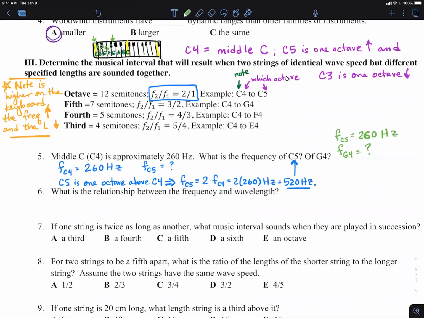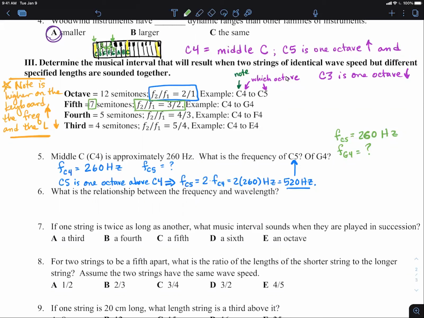Sorry, I wasn't supposed to start on the note. You start on the next one. 1, 2, 3, 4, 5, 6, 7. So 7 semitones tells me the frequency ratio will be 3 to 2.